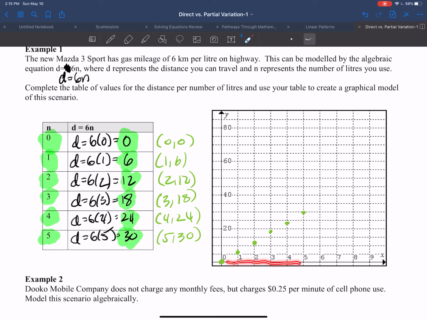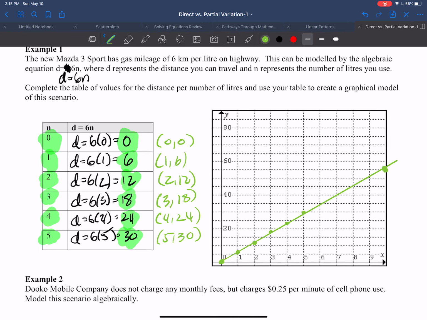If I go over 5, I would go up 6. If I do that again, over 5 and up 6, I would end up right there. So I can put a point right there, and draw a line.